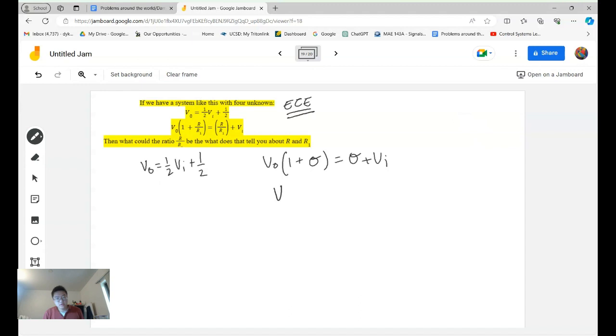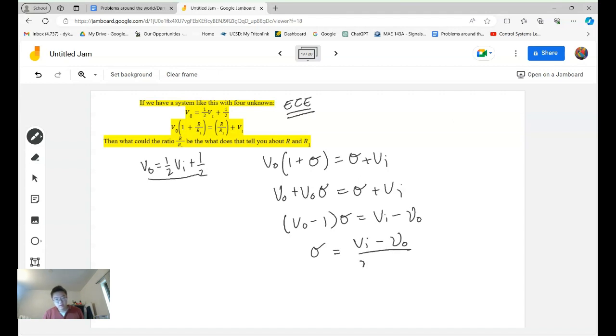So what I would do here: omega plus Vi, and then we'll say V0 minus 1 times omega equal Vi minus V0. Now we have V0 over here, so what we're really saying is omega equals Vi minus V0 divided by V0 minus 1. Excuse my writing, it's a little off.